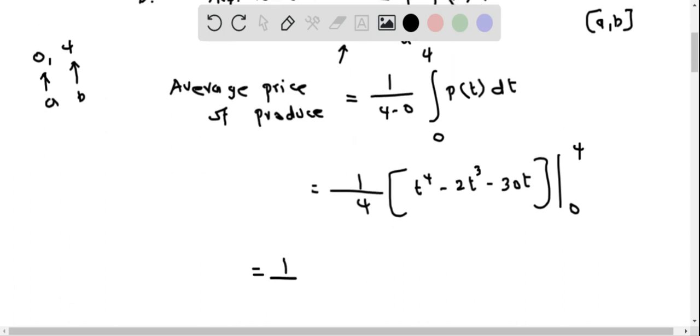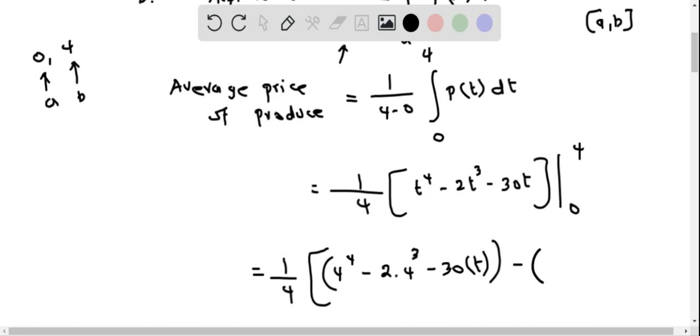So evaluating this, we first plug in the upper limit, that is 4. Therefore, it becomes 4 to the power 4 minus 2 times 4 to the power 3 minus 30 times 4. This is what we get when we apply the upper limit, minus what we get when we apply the lower limit, which will be 0.